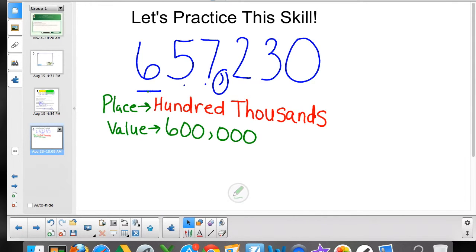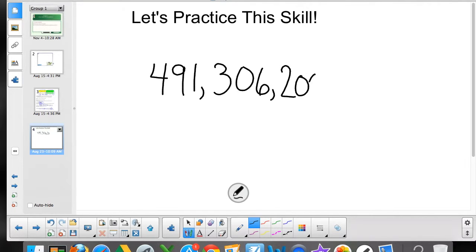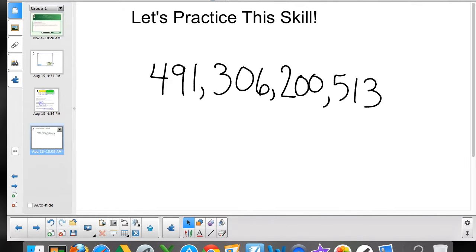Let's try another example. We have a very large number separated by 3 commas. 3 commas tell us that we have several different periods.